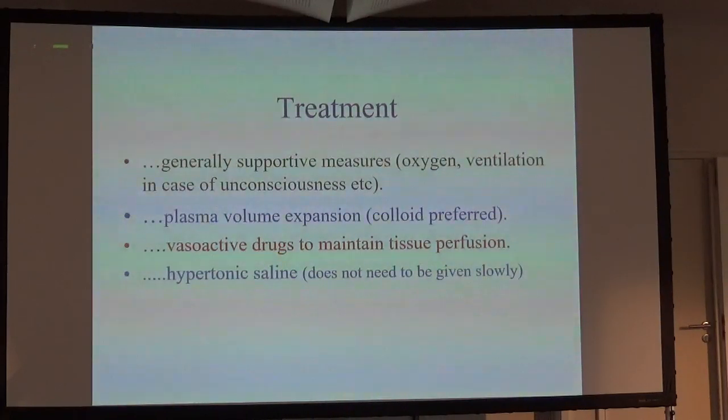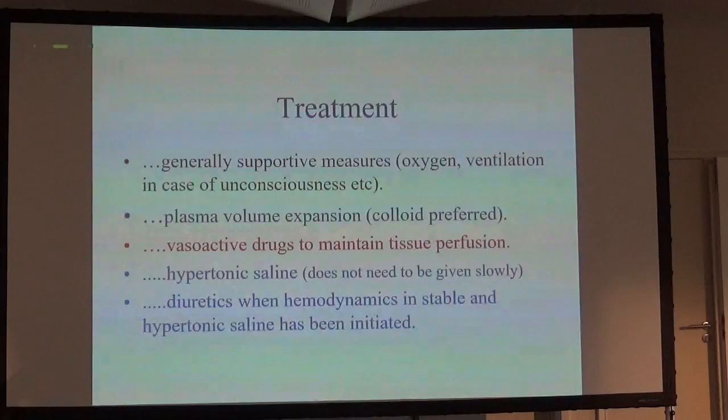You should try to speed it up a bit, because there's no reason for being cautious here. Diuretics come at the end. When you have the situation under control, you can give diuretics, but not begin with that, which is told in many textbooks, because that makes the hemodynamic situation worse.